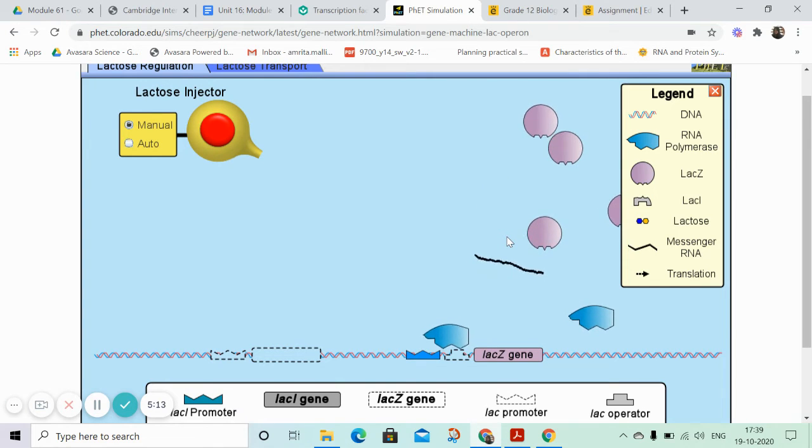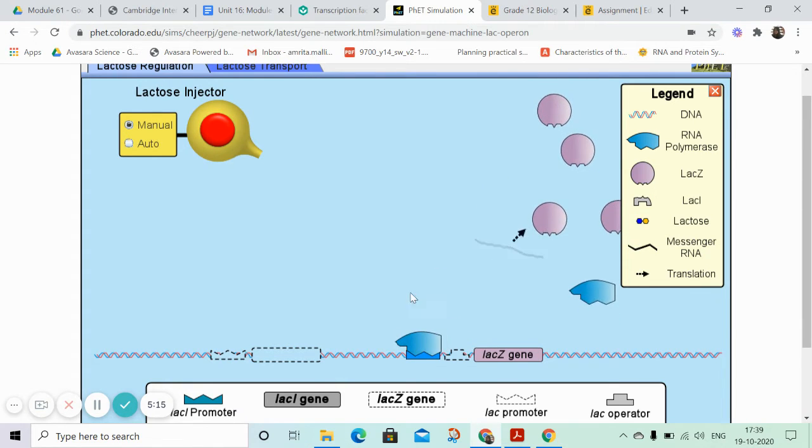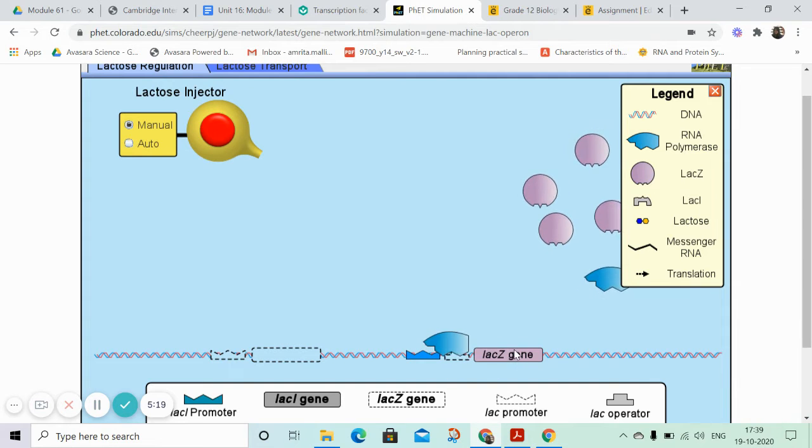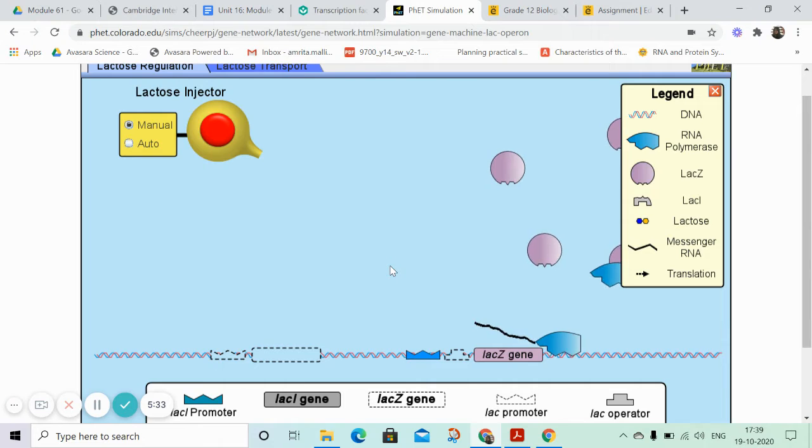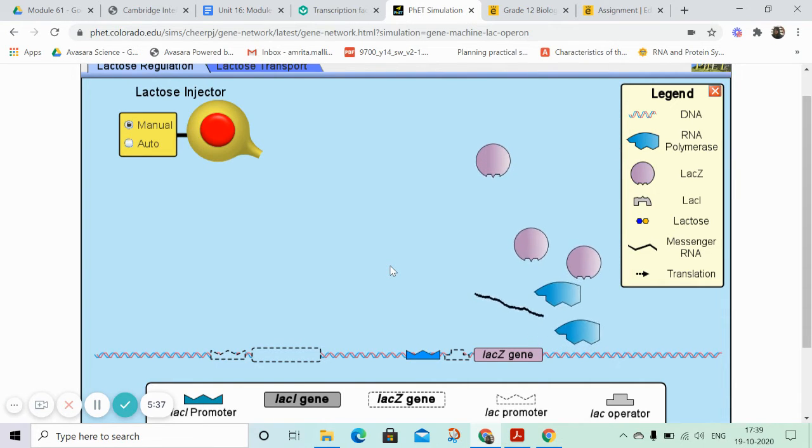So the question is asking, when there is no regulation over here, the LAC-Z gene is constantly getting transcribed. How is that a disadvantage to the bacteria? Even when I have not injected any lactose, the gene is getting transcribed. Pause the video and think about what disadvantage the bacteria is facing right now and answer it.